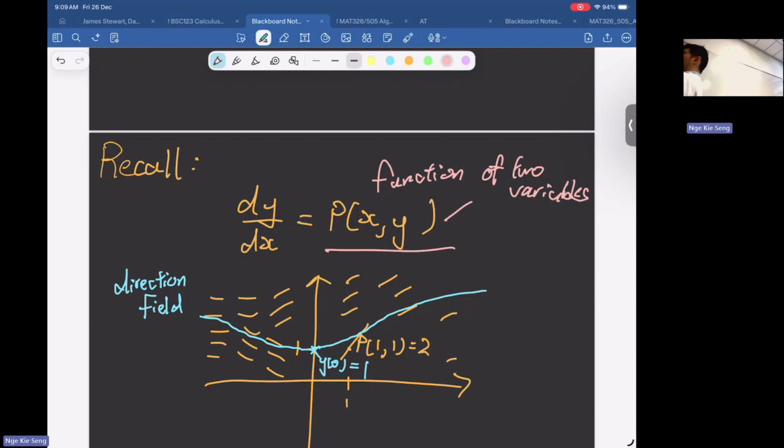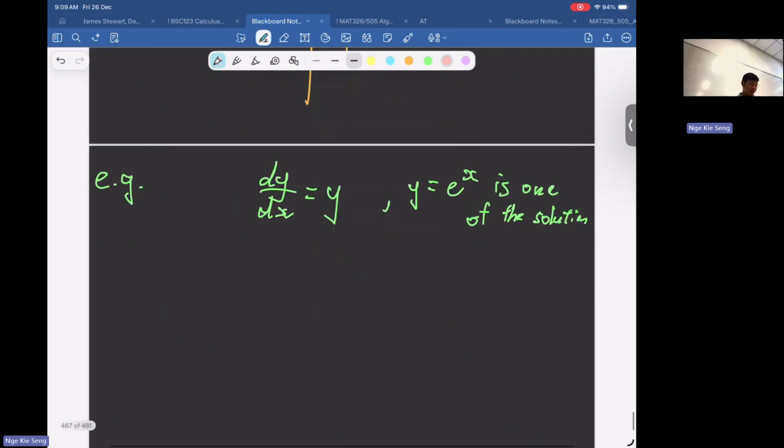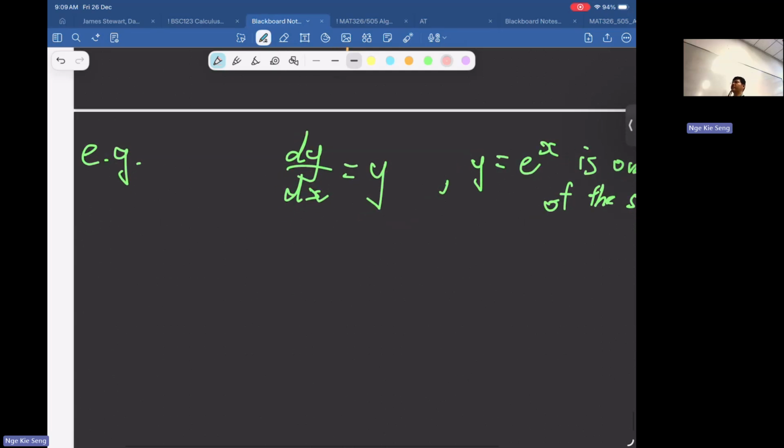This is what you're going to learn in Calculus 2, functions with more than one input. So in this case, dy over dx equals y. There's no x on the right-hand side, right? So what does it mean? It means that the tangent only depends on y. So let's draw this direction field.